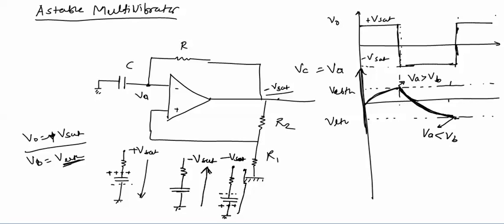So this is an unstable multivibrator, and commonly it is known as a relaxation oscillator or a square wave generator. Circuit is important here. It is also called a square wave generator.